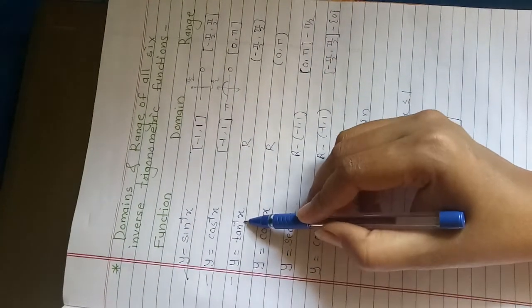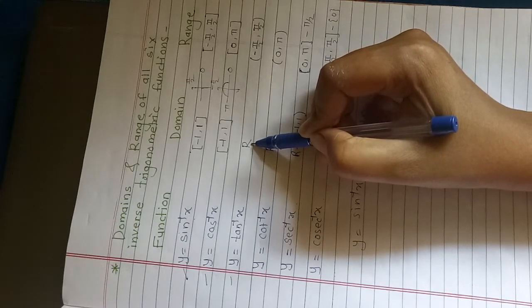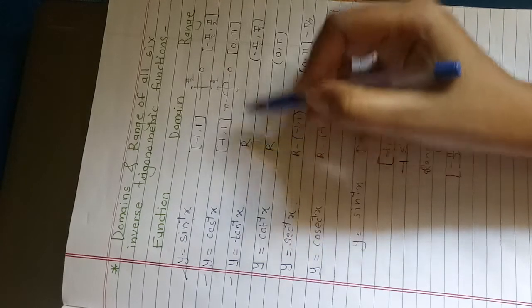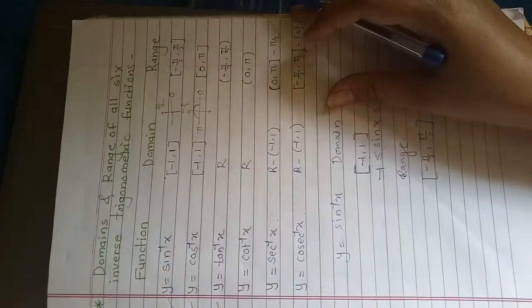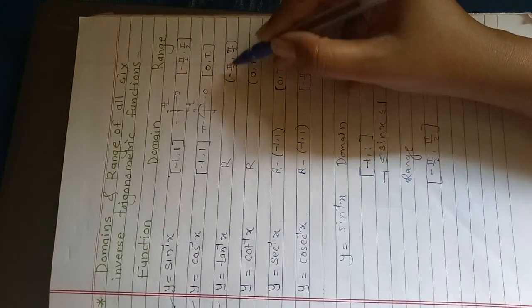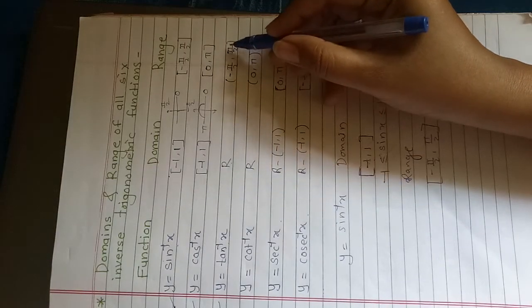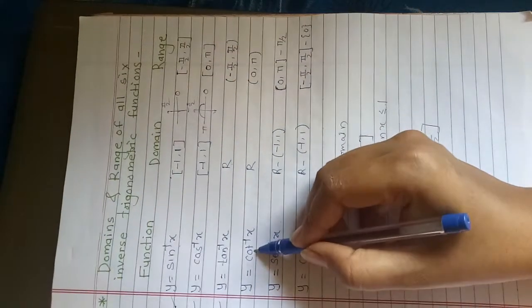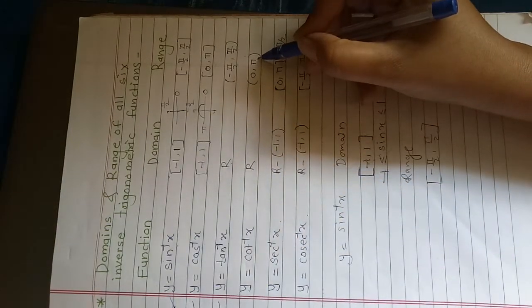If y is equal to tan inverse of x, then the domain is R, the set of real numbers, and the range is the open interval -π/2 to +π/2. Open interval means boundary points are not included. If y is equal to cot inverse of x, then the domain is R and the range is 0 to pi.